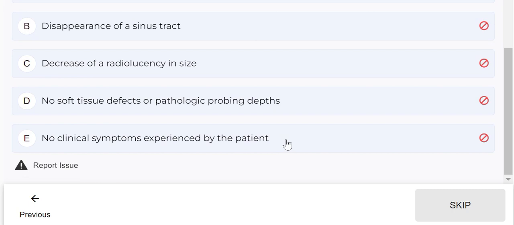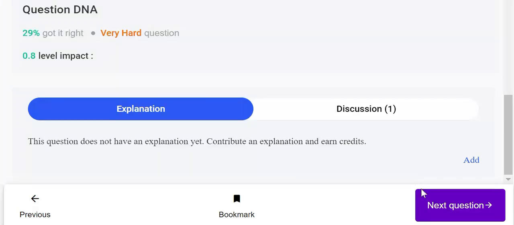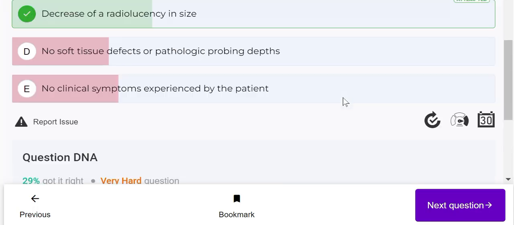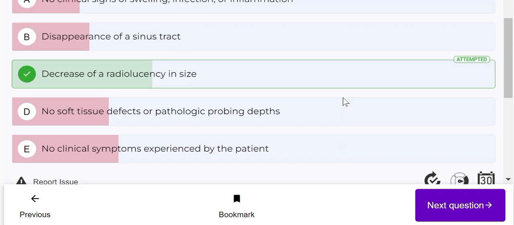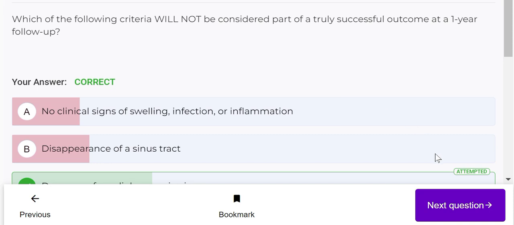And out of these, decrease of radiolucency in size may not be considered, because all of this should be seen. No clinical signs of swelling, disappearance of sinus tract; radiolucency may or may not decrease in size in just a 1-year follow-up.